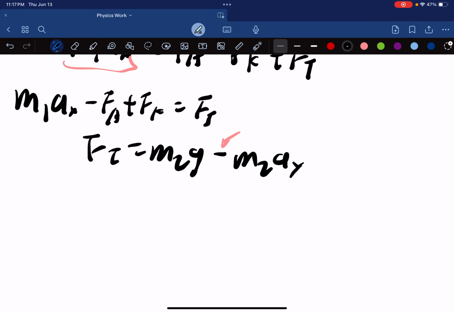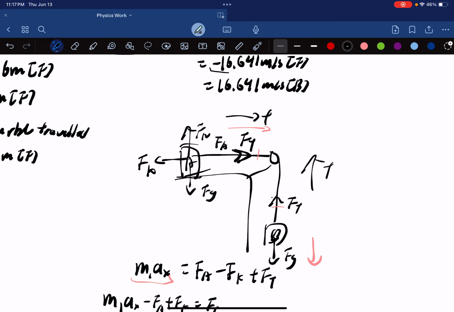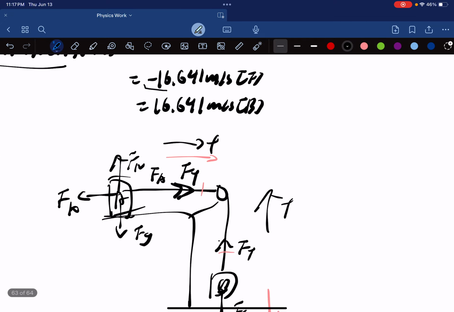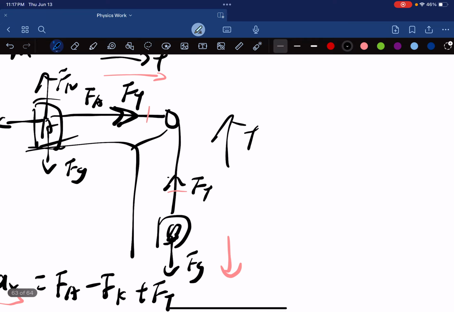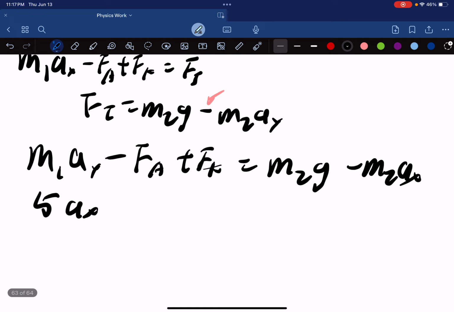So we have M1ax minus FA plus FK equals M2g minus M2ay. And then we just write the values inside. So 5ax, the mass of the first mass, which is M1, and this is M2, ax plus the friction force.